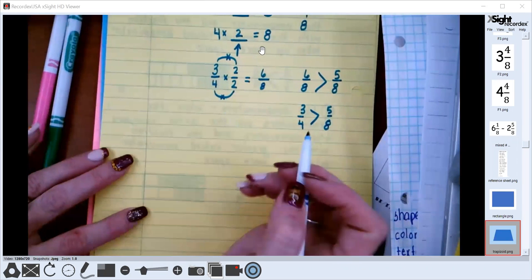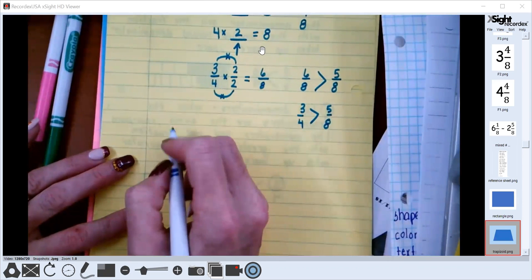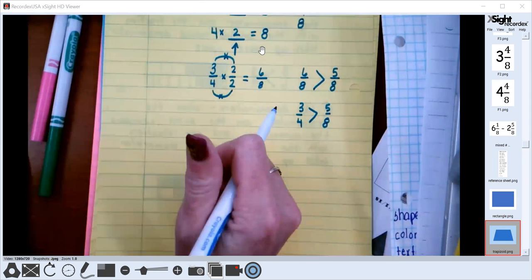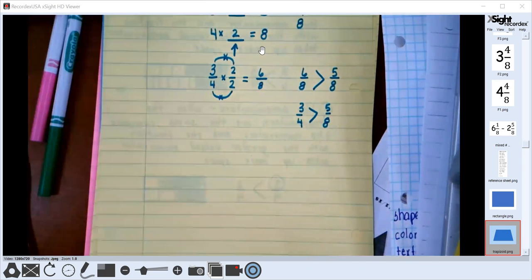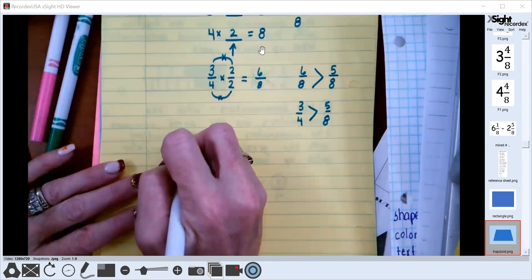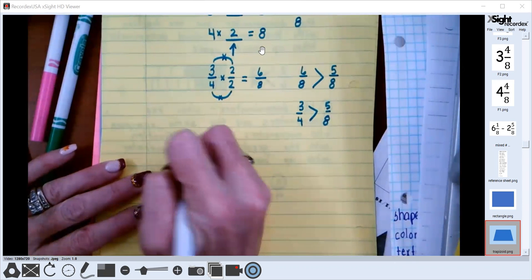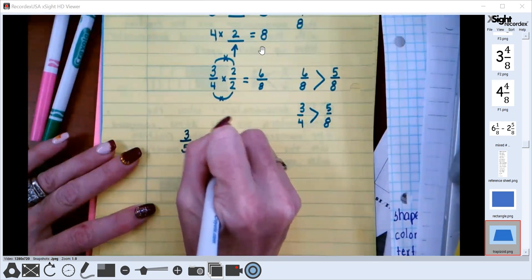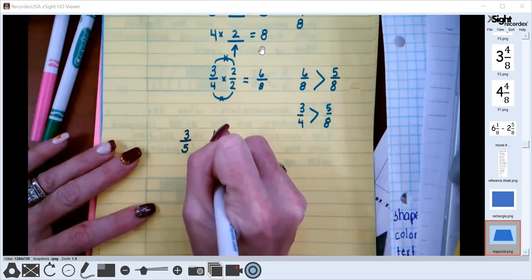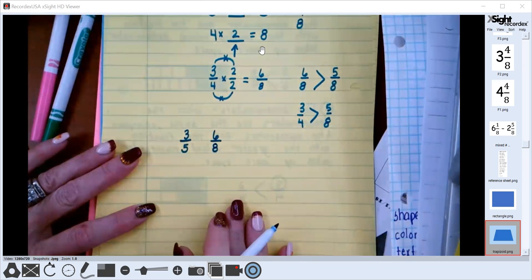All right, so here's another example of a question we have of a comparison of fractions. Let's say I have 3/5 and 6/8. 3/5 and 6/8.